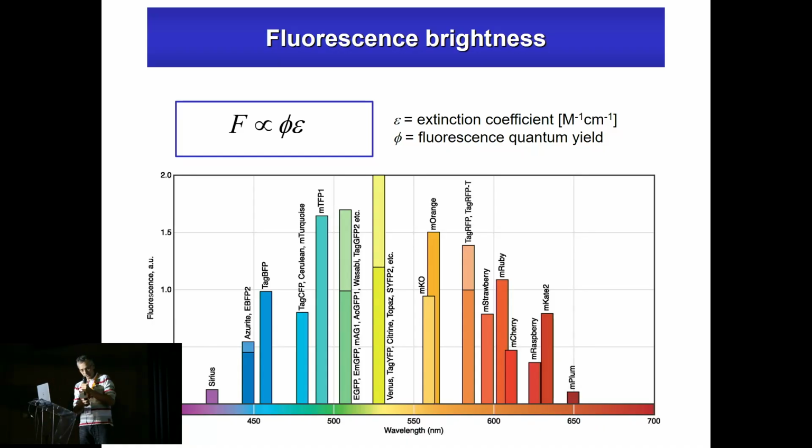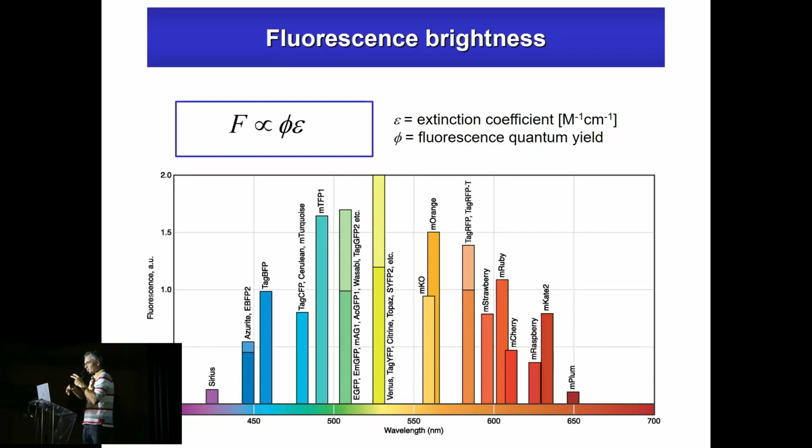And there is a nice rule of thumb to explain this, which is that if you go to the red, basically your fluorophores get longer, so longer conjugated systems. So they're bigger in space, so they absorb quite nicely. They have a high extinction coefficient, but they are very complex in terms of the degrees of freedom they have.